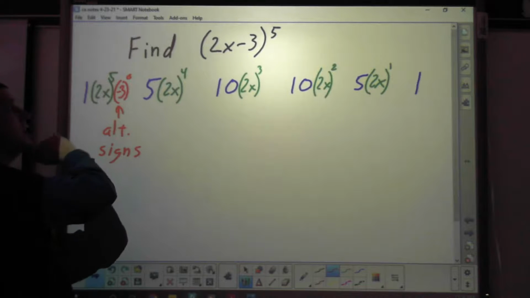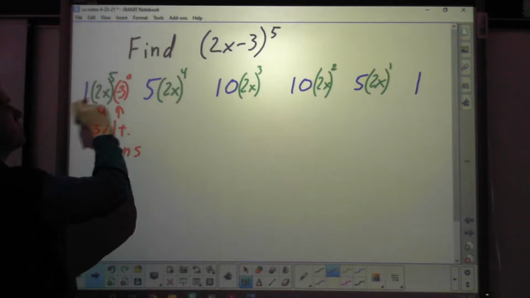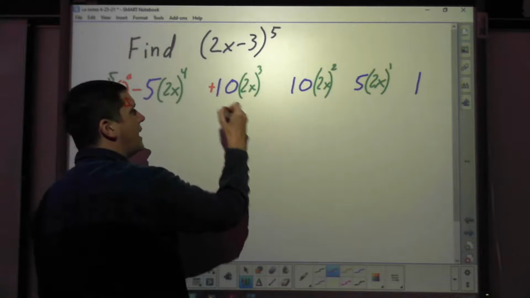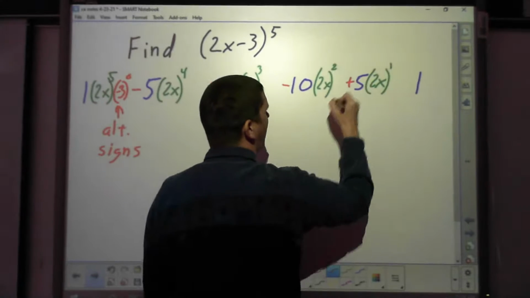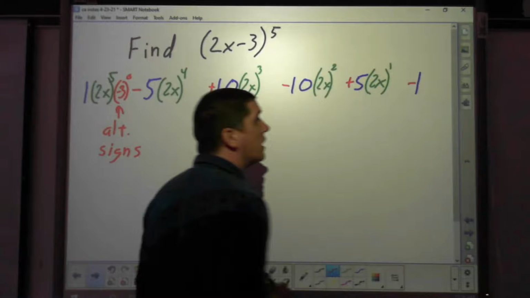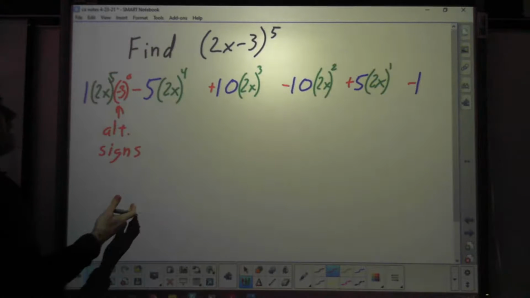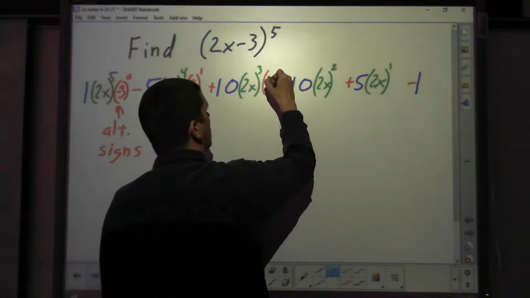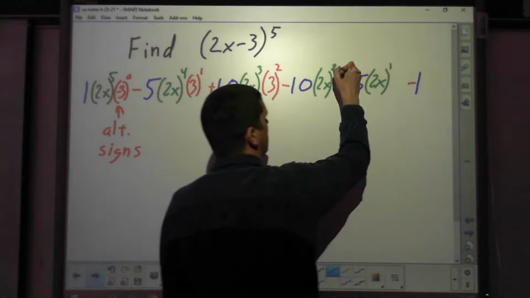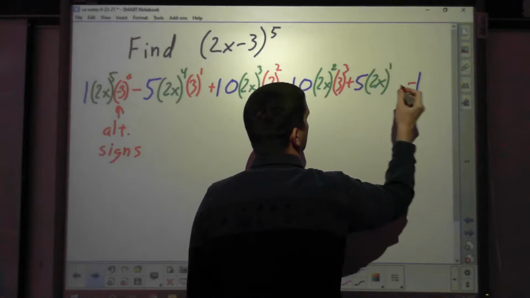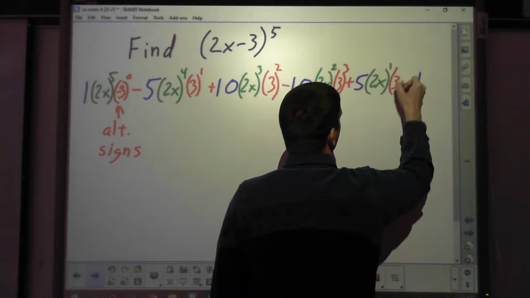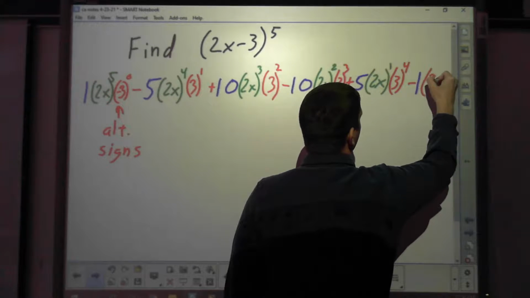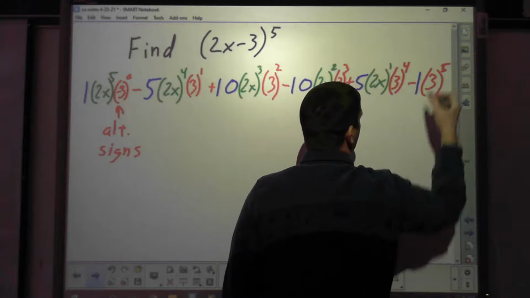So because of that negative, I can go ahead and I can just say, okay, this is positive, negative, positive, negative, positive, negative. Now I can just say, okay, this is 3 to the 1st, this is 3 to the 2nd, this is 3 to the 3rd, this is 3 to the 4th, and this is 3 to the 5th.